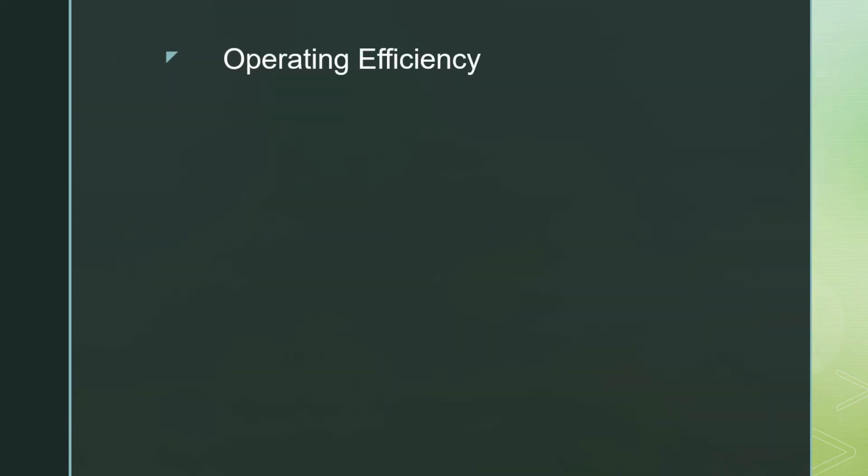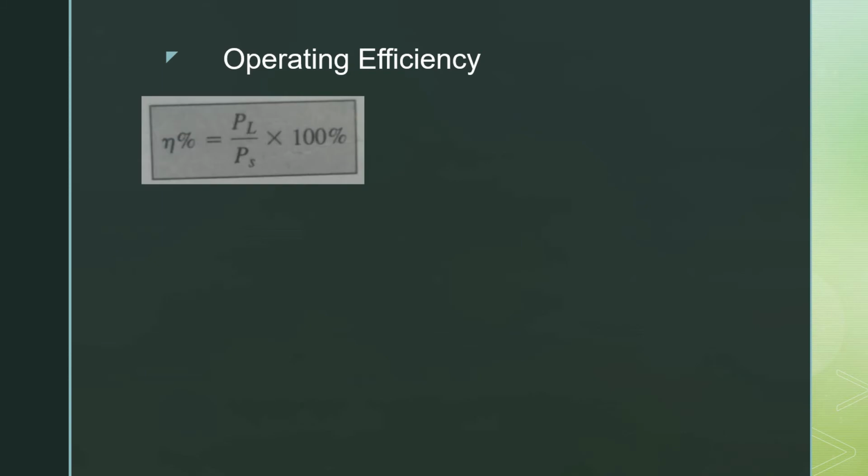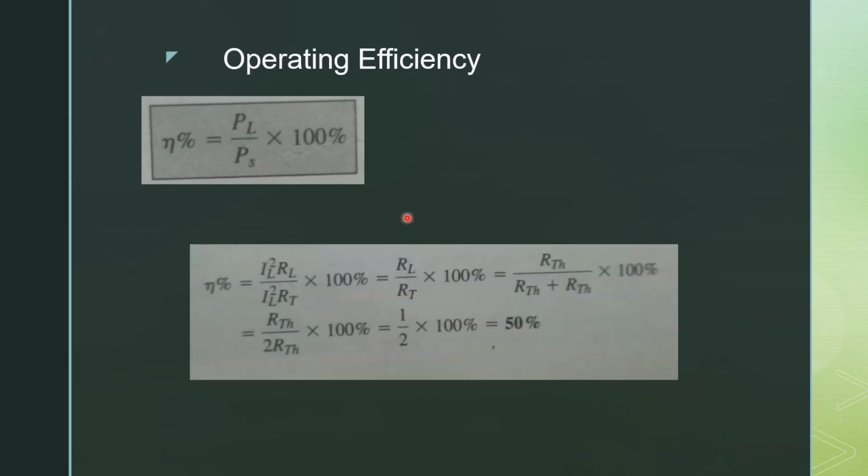The operating efficiency is defined as the ratio of the power delivered to the load, PL, to the power delivered by the source. So percentage efficiency is equal to PL, power delivered to the load, divided by power delivered by the source, into 100. When R Thevenin is equal to RL, the efficiency is equal to IL square RL divided by IL square RT into 100, which is RL divided by RT, because IL square will be cancelled out.